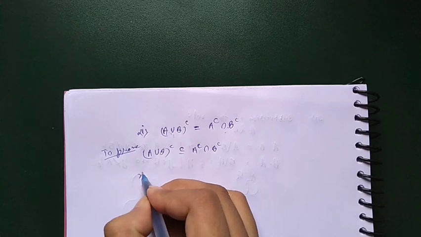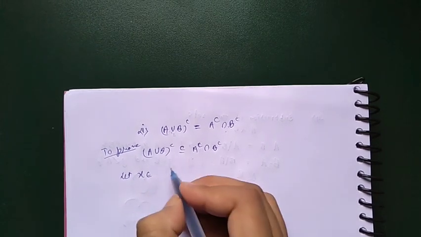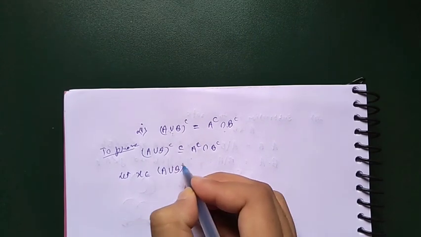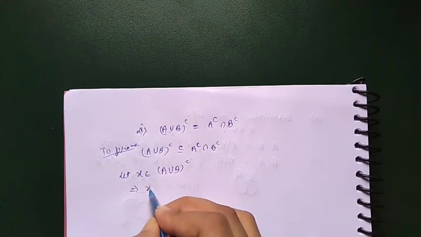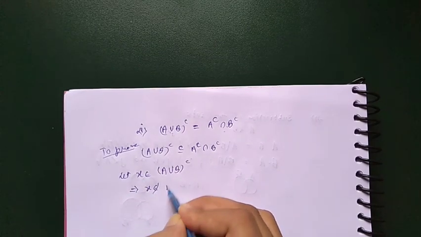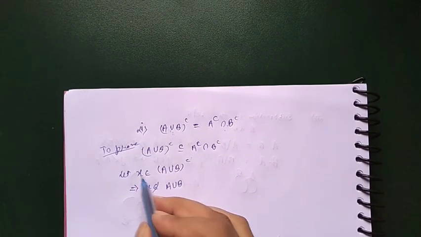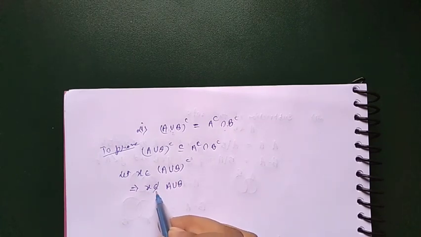For this we will take an arbitrary element, say X, which belongs to this set A union B whole complement. This will imply that X doesn't belong to this set A union B, because X belongs to the complement of this set, so X will not belong to this set A union B.